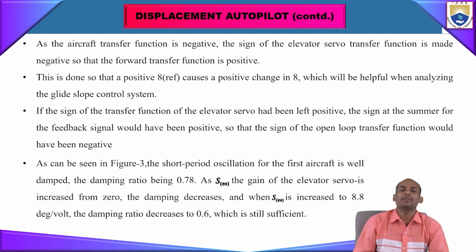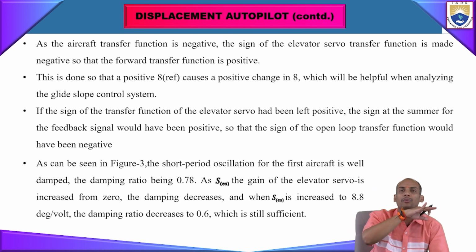Here you see the feedback signal will normally be negative feedback only. But if the sign of the transfer function is positive, and the sign at the summer of the feedback signal is also positive, then the open loop transfer function would have been negative.